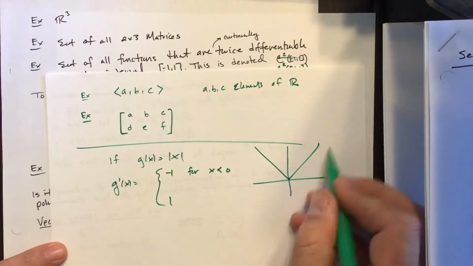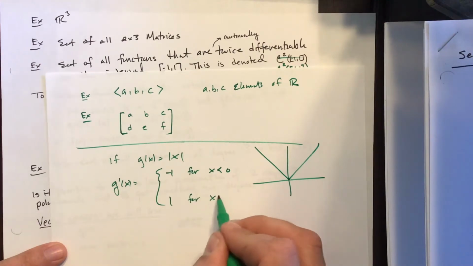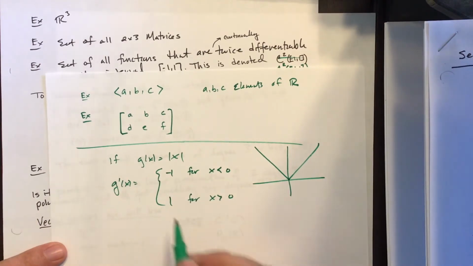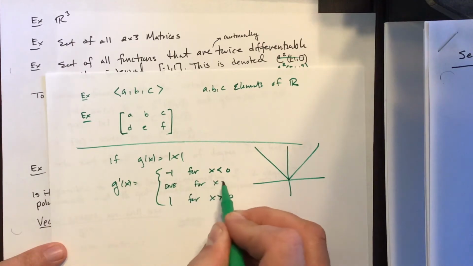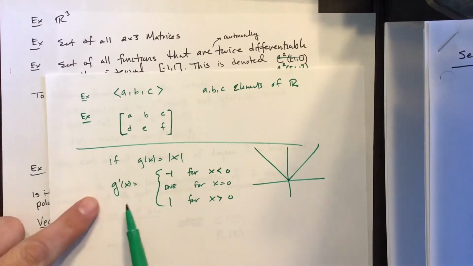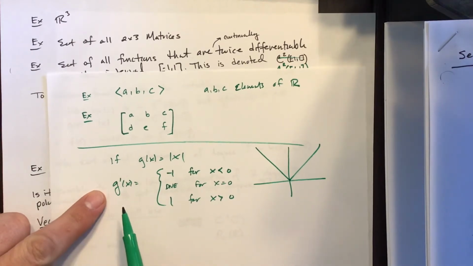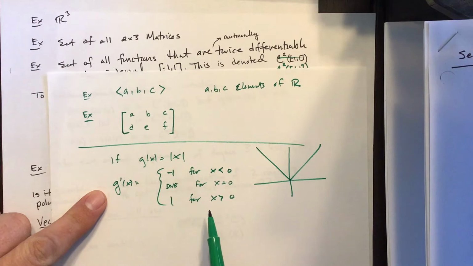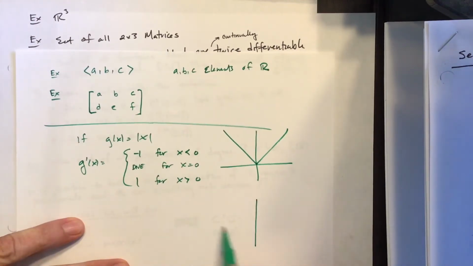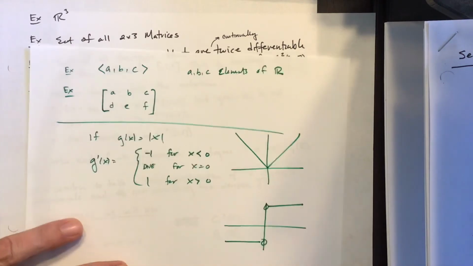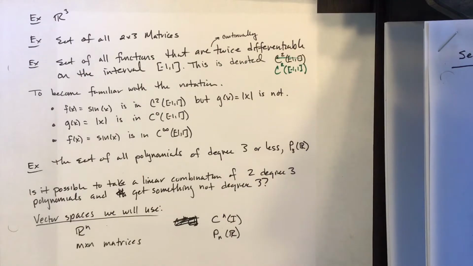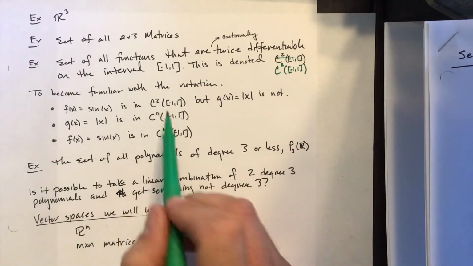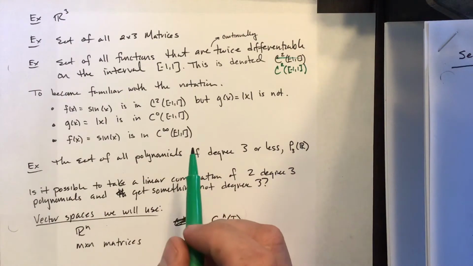It's +1 for x greater than 0. And it does not exist for x equal to 0. Now, clearly, g prime is not a continuous function. It looks something like this: -1, open, open, +1. And that's not a continuous function. So, therefore, g of x is not an element of C2 from -1 to 1.